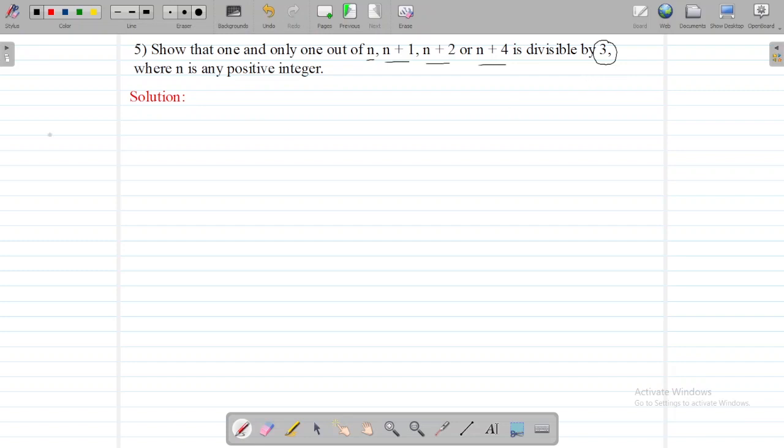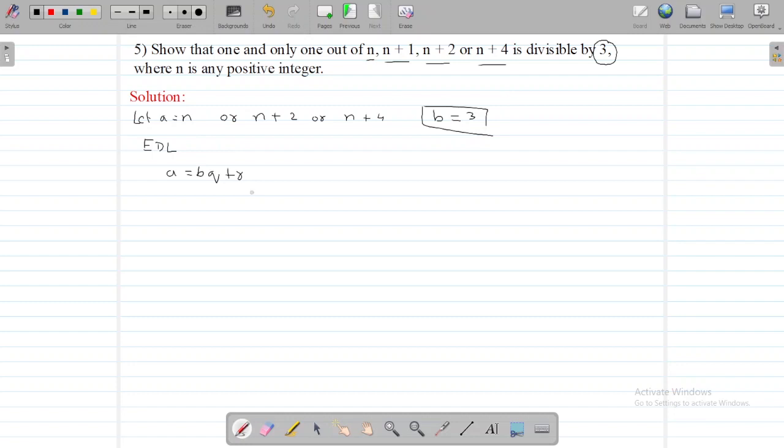So for that, let a is equal to n or n plus 2 or n plus 4. But we know that b is equal to 3 here. Okay. Now by Euclid's division lemma, we are taking a is equal to bq plus r.